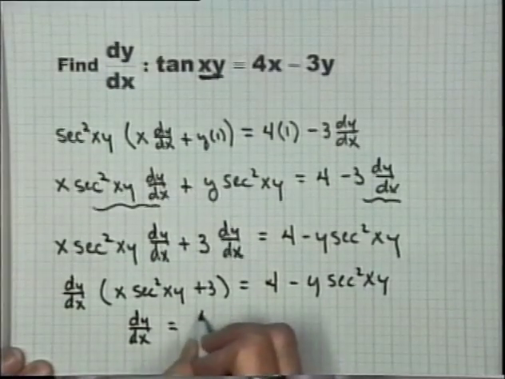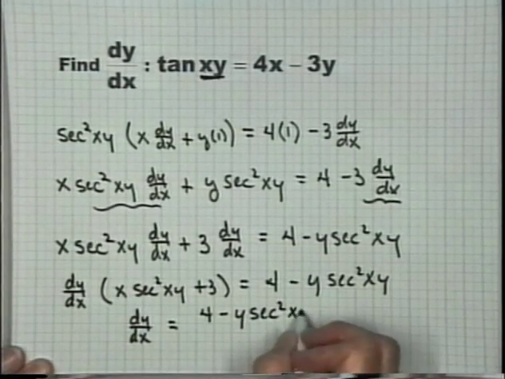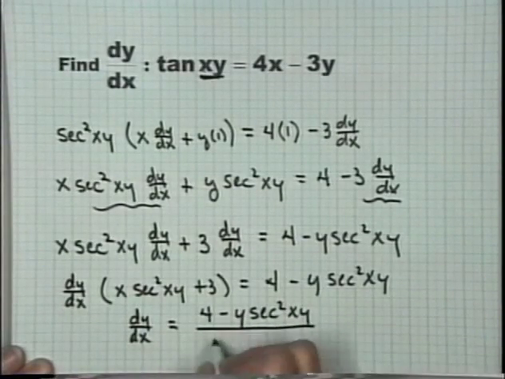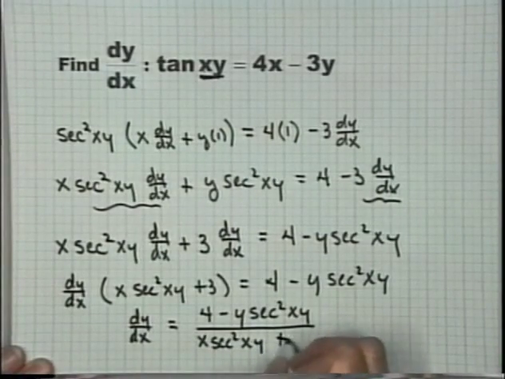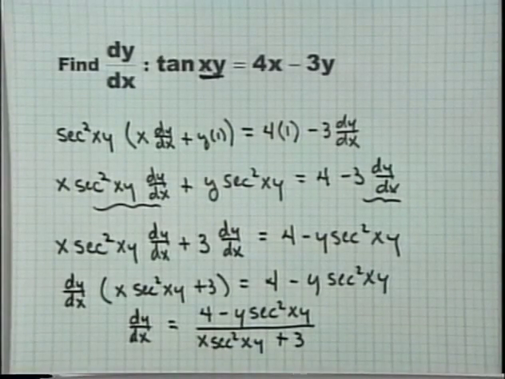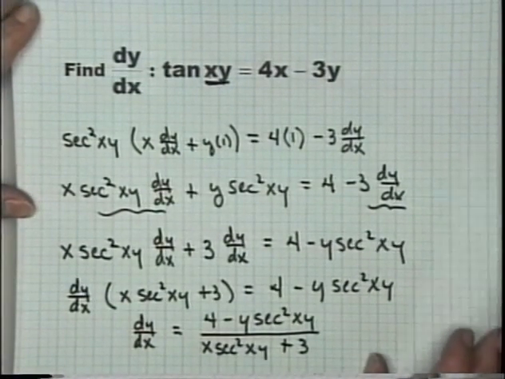So our answer will be 4 minus y times secant squared xy over x secant squared xy plus 3. I hope that you're beginning to get the hang of this idea of doing the derivative implicitly and thinking chain rule.